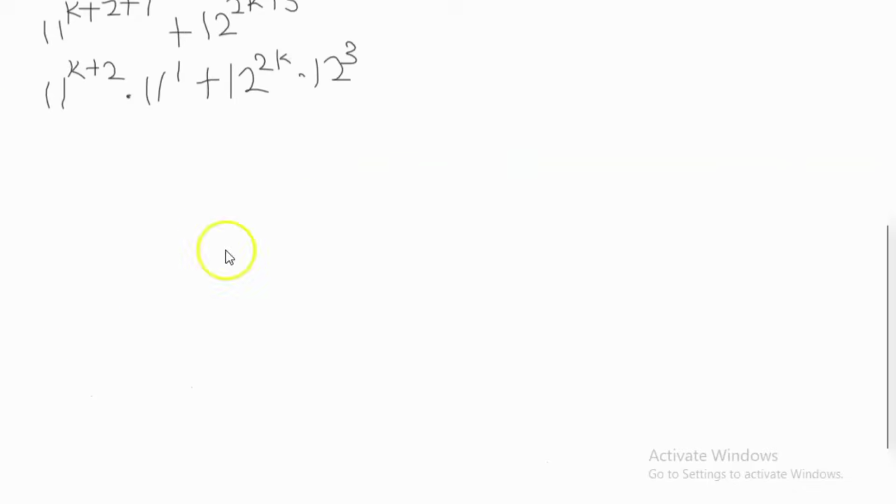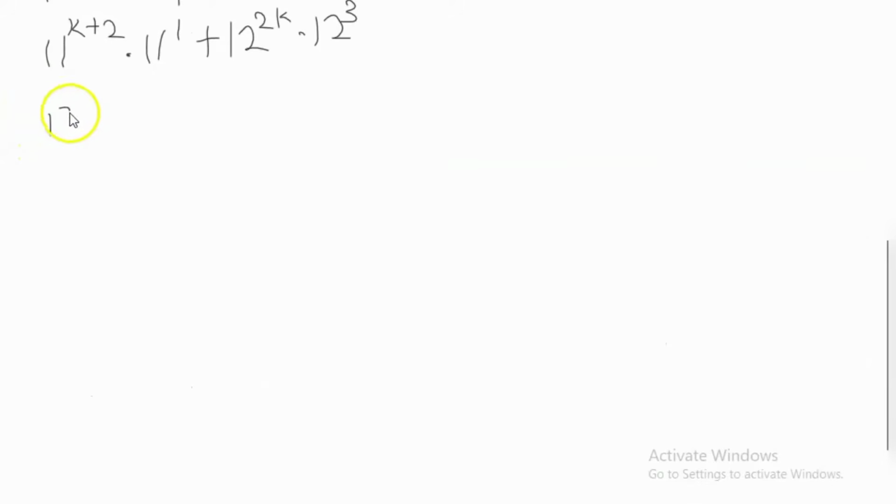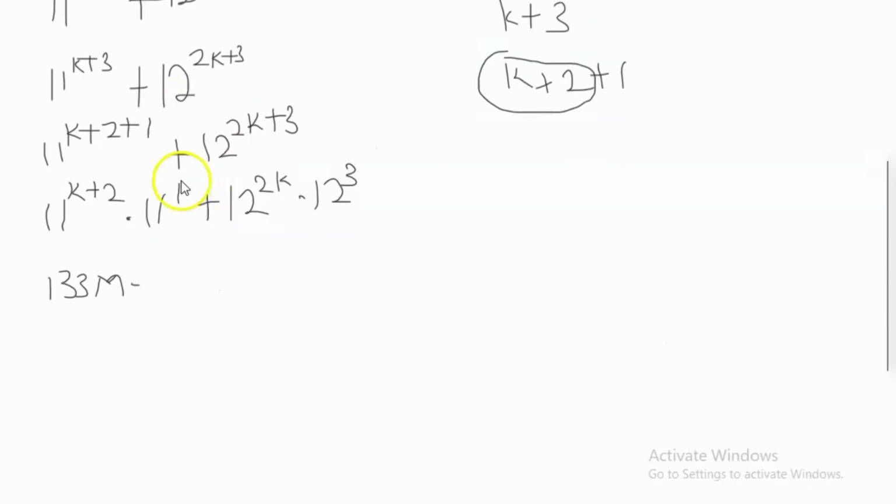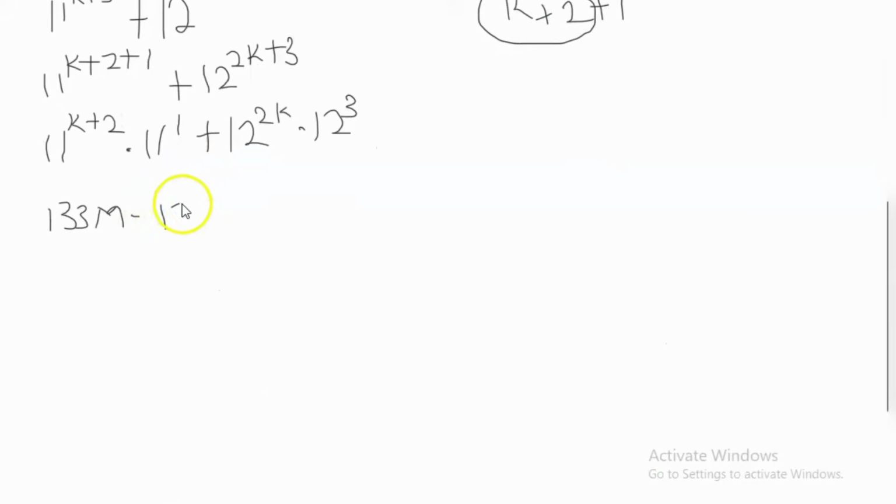So it's going to be 133m minus 12 to the power of 2k plus 1. This goes to the other side, it becomes negative.